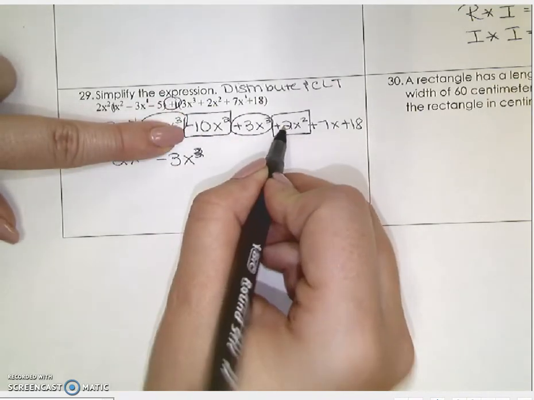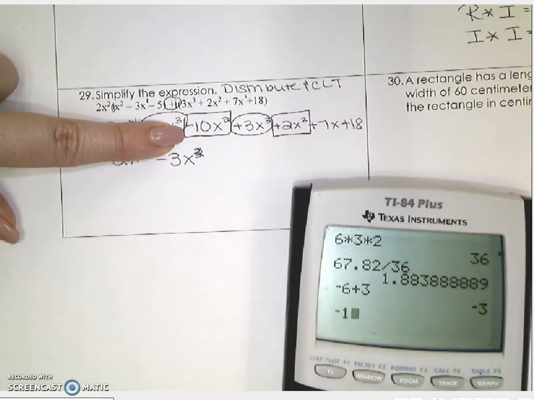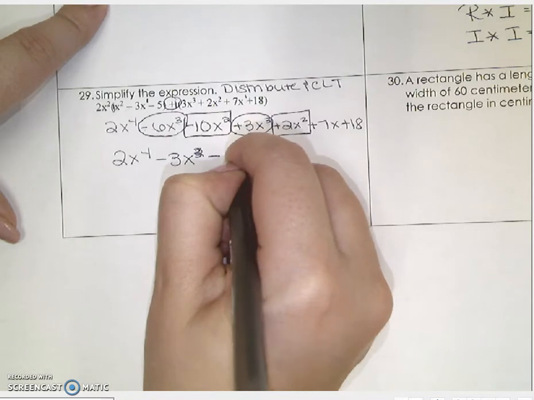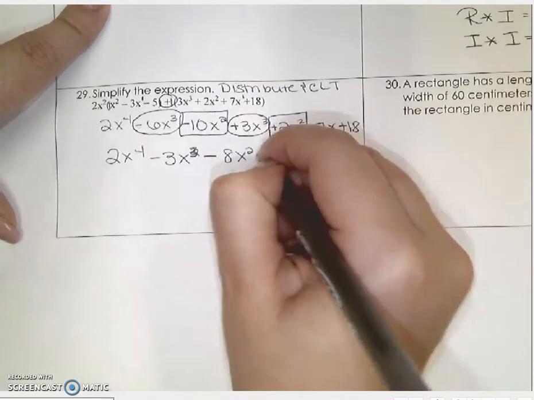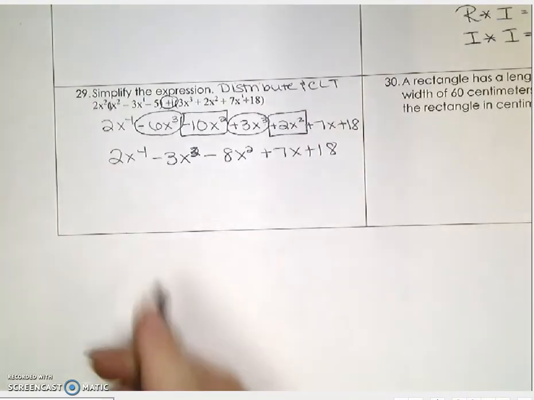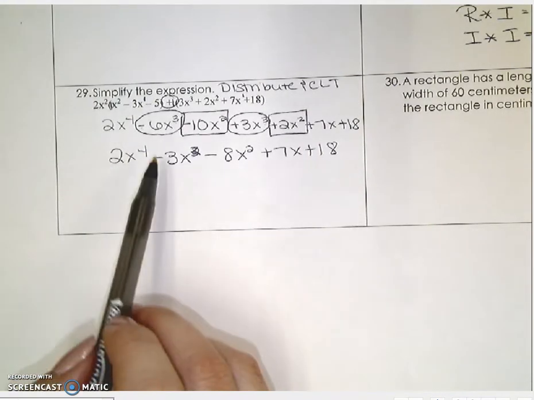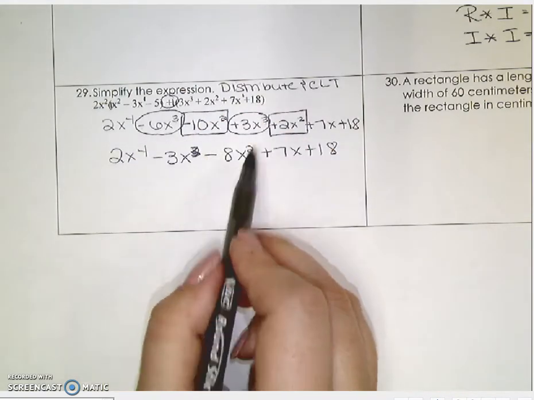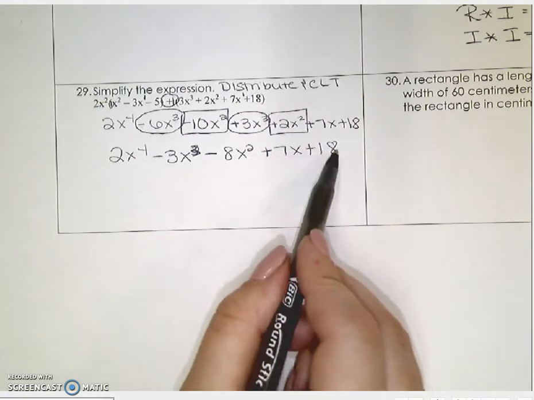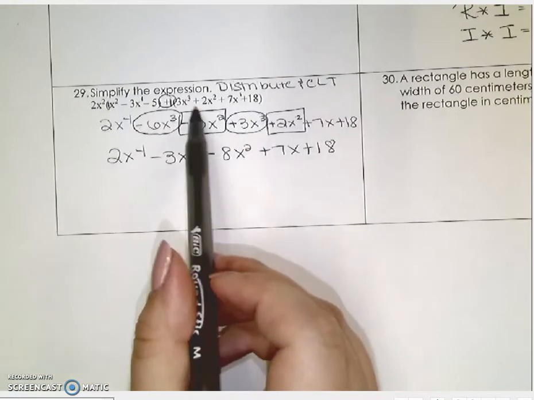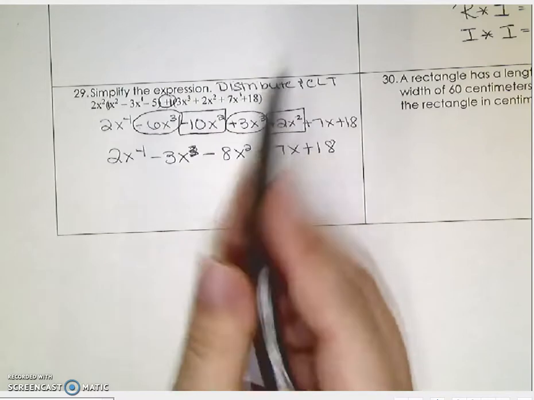Negative 10x squared plus 2x squared, negative 10 plus 2 is negative 8x squared. And then I'm going to drop down the 7x and the 18. So my final answer would be 2x to the fourth minus 3x cubed minus 8x squared plus 7x plus 18. So I distribute and combine like terms because this is an adding problem.